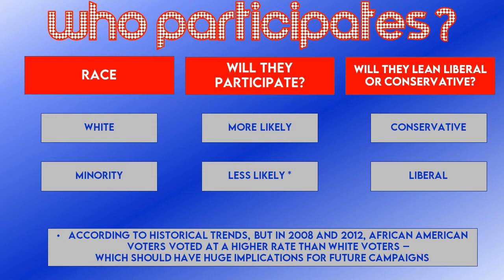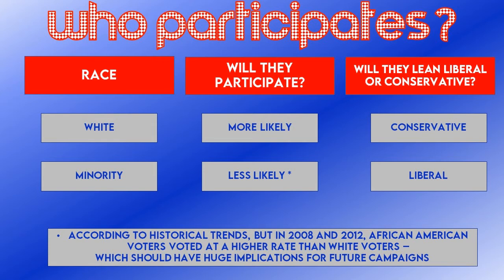We also broke down racial groups a little earlier. We know that white people historically are more likely to participate, and minority groups historically are less likely to participate. We also saw that in 2008 and 2012, African American voters actually had the highest turnout percentage of any racial demographic group.